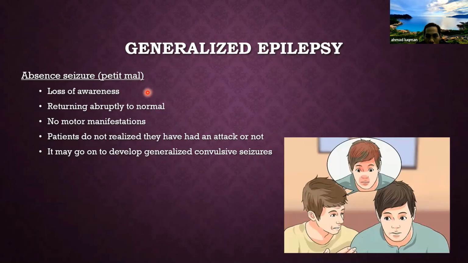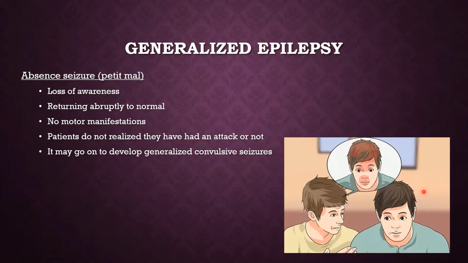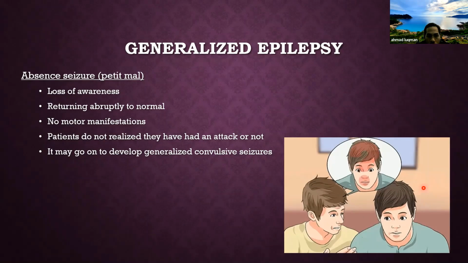The patient will have loss of awareness and a vacant expression for less than 10 seconds, just like in the picture here I have put. He or she will return abruptly to normal and continue as though nothing had happened. There are no motor manifestations, and the patient does not realize that they have had an attack. It may go on to develop into generalized convulsive seizures.